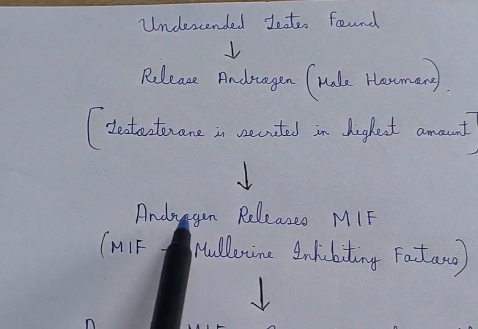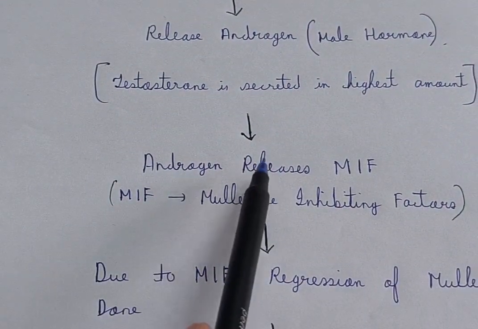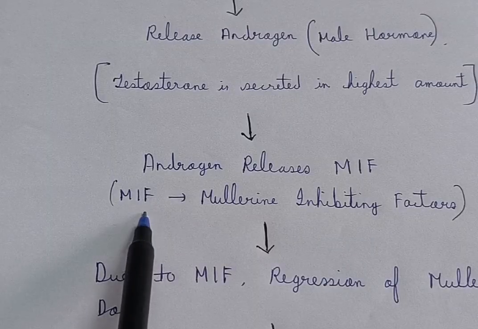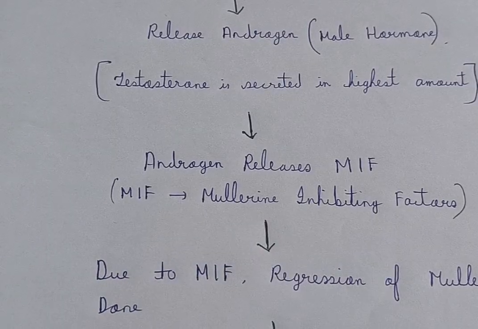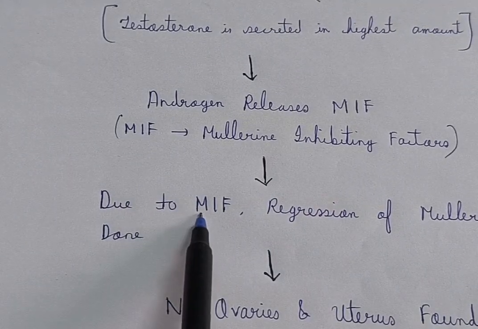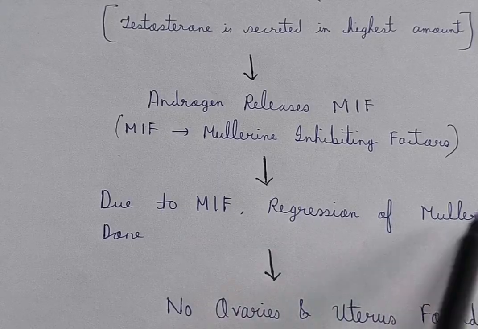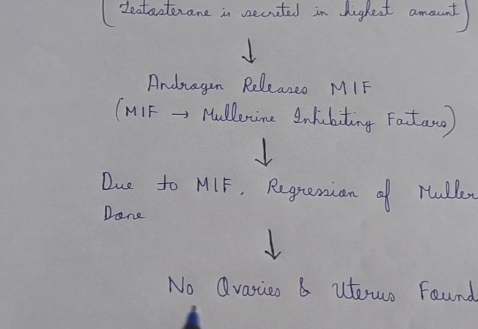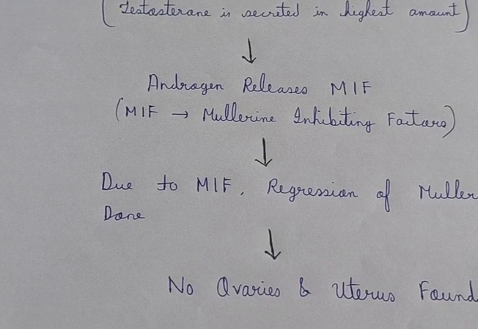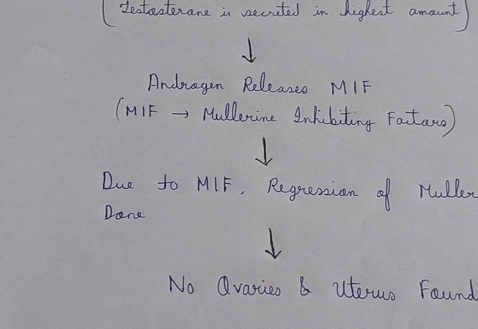And here you should know that the testes release MIF, that is Mullerian inhibiting factor, and due to Mullerian inhibiting factor regression of the Mullerian ducts is done, due to which the ovaries and uterus are not developed, as they develop from these Mullerian ducts.